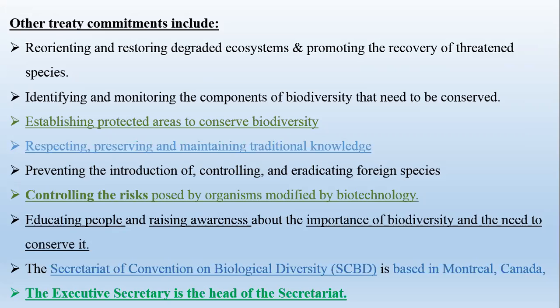Then respecting, preserving and maintaining traditional knowledge. As we went through in our last lecture, traditional knowledge also needs to be preserved and maintained. So that's also included in the Convention on Biological Diversity.